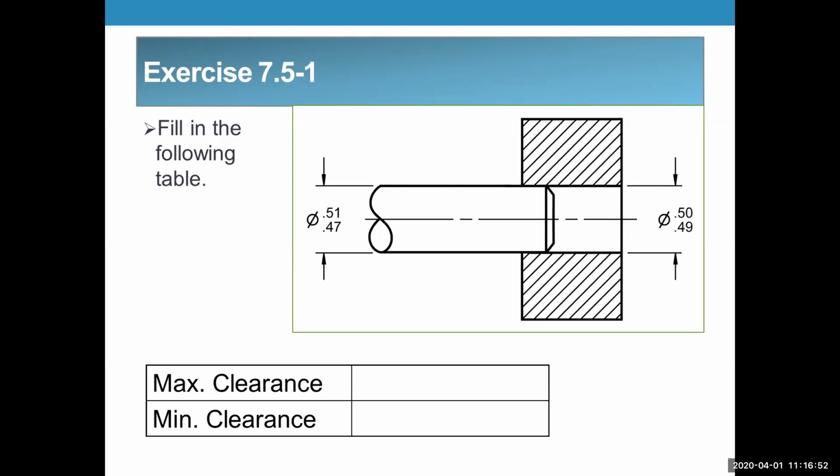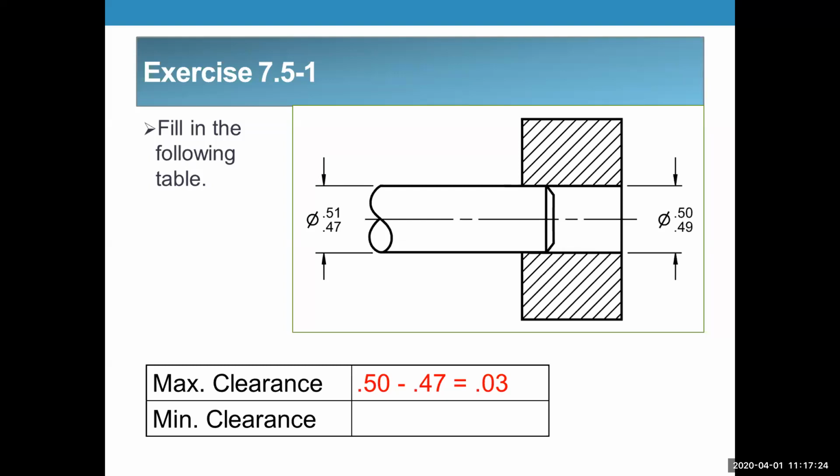Does that make sense? Right. So then the other one should be 0.02 then. So the minimum clearance is going to be 0.02. But it's not going to be a positive number.